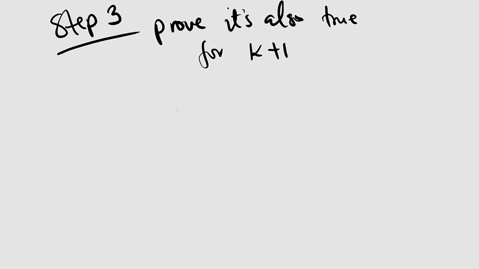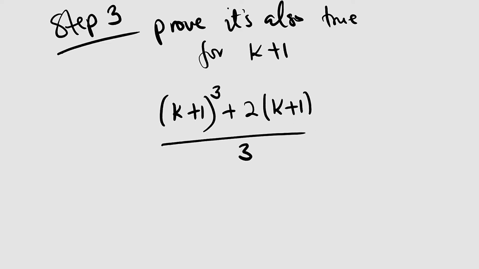So we want to show that k plus 1 to the third power, replacing k with k plus 1, plus 2 multiplied by k plus 1 is also divisible by 3. We want to show that this is true. So let's expand this.